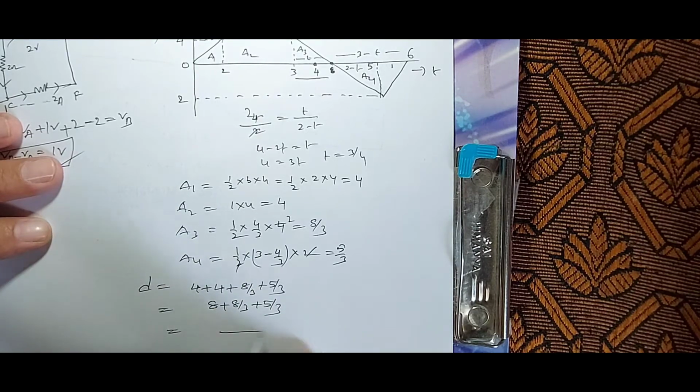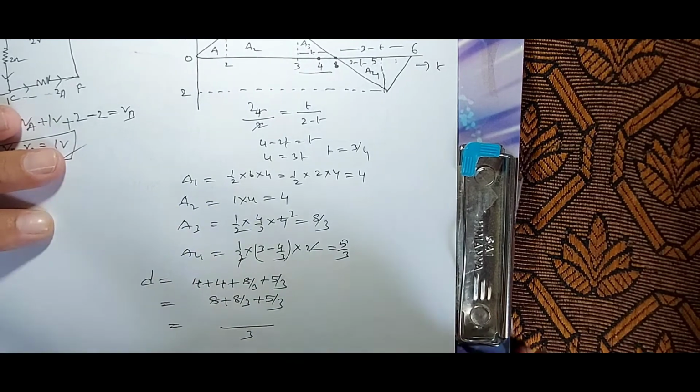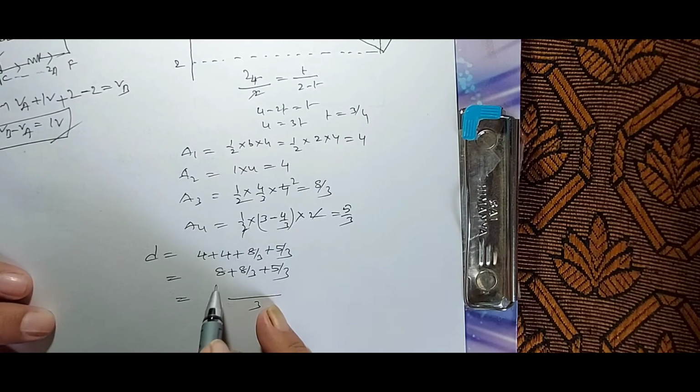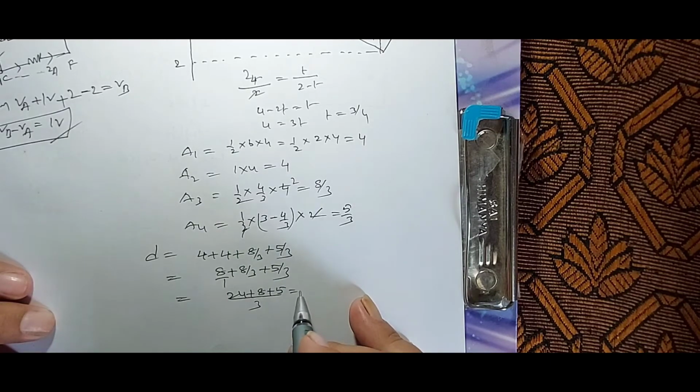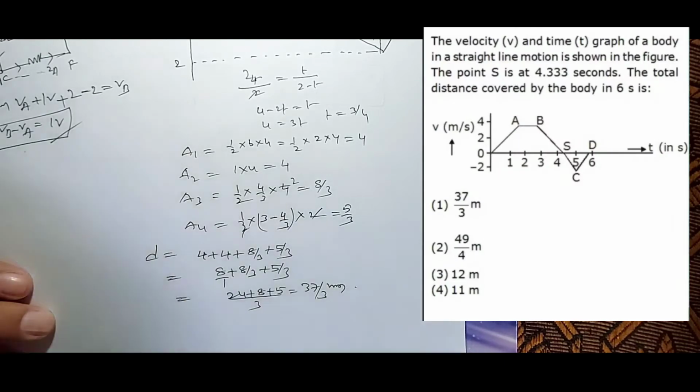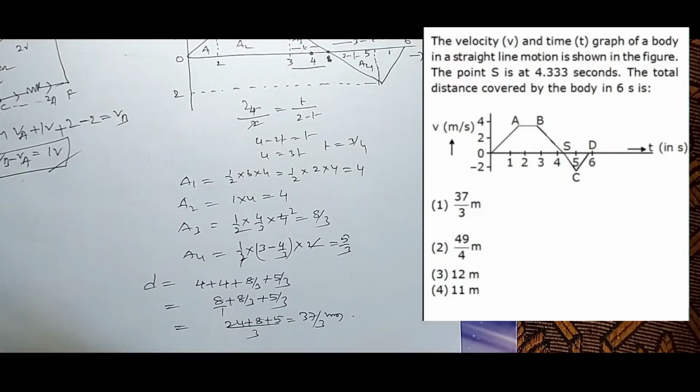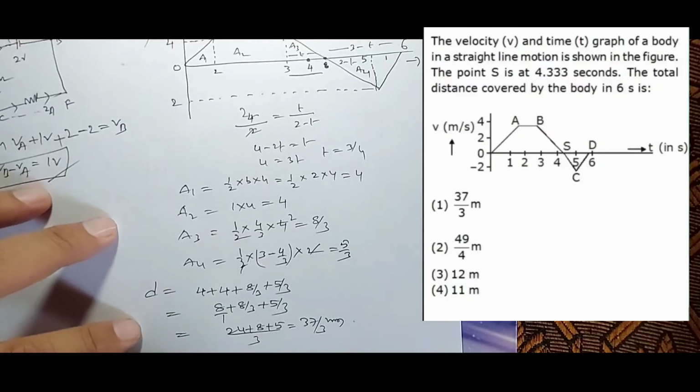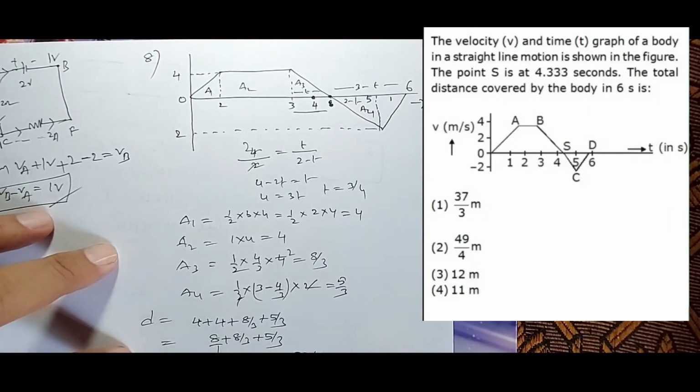We take the LCM, which is 3. So here 24 plus 8 plus 5, that is equal to 37 by 3 meters. So what is our option here? Option 1 is the correct answer.